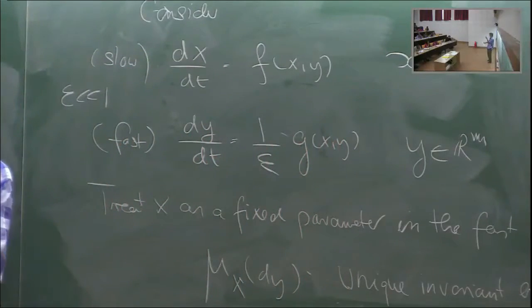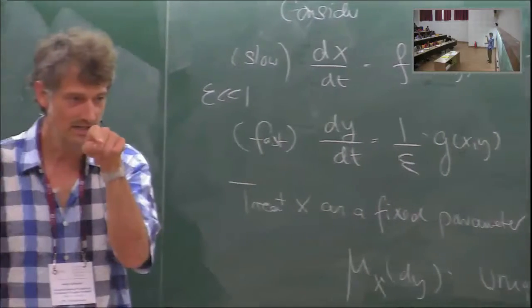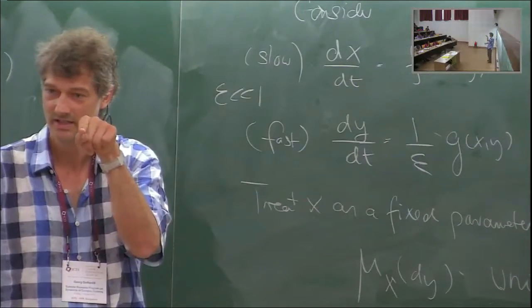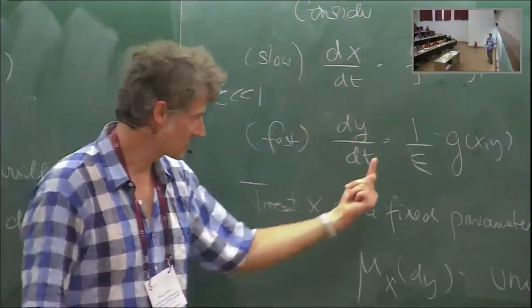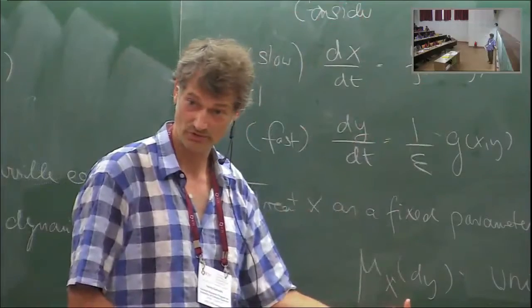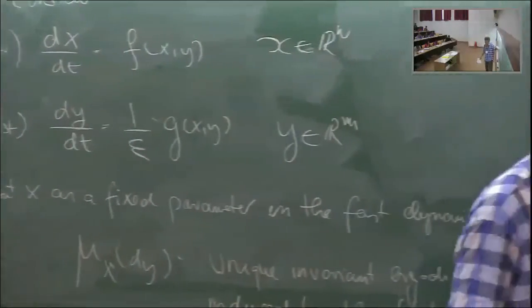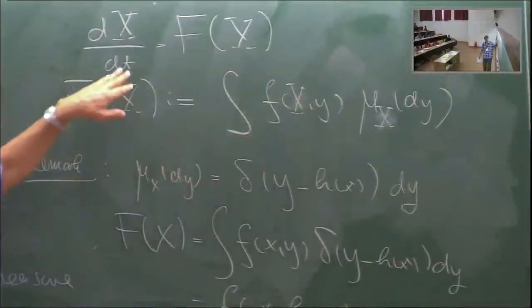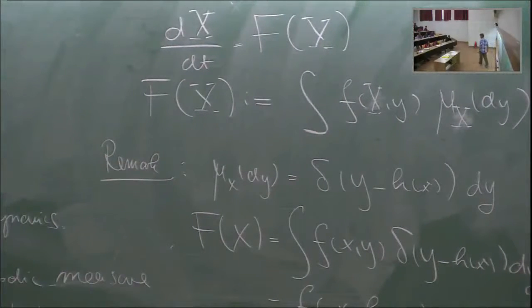So for x equals 0.1 you have a limit cycle like this, and then for x equals 0.1 plus 10 to the minus 10, you suddenly have a very different limit cycle. That means your measure doesn't change smoothly. So your average vector field is not going to be Lipschitz anymore, and you don't have uniqueness of your solution anymore.